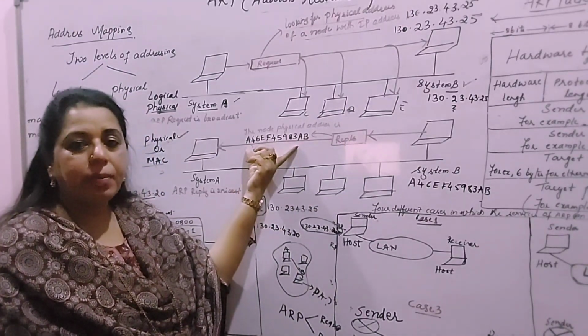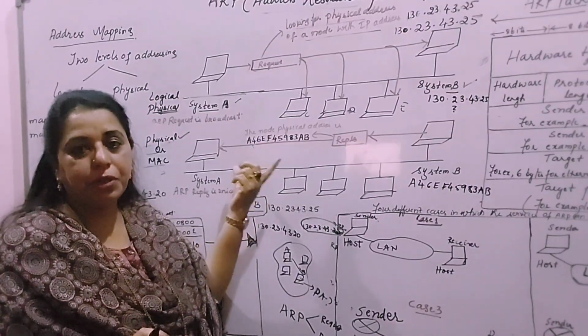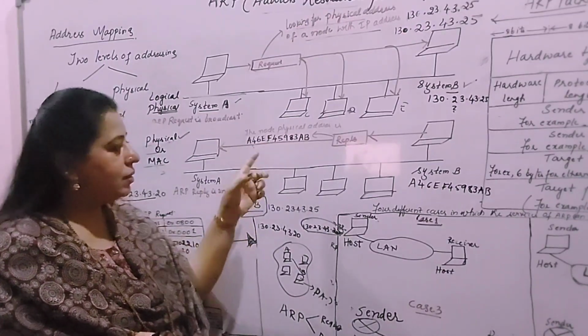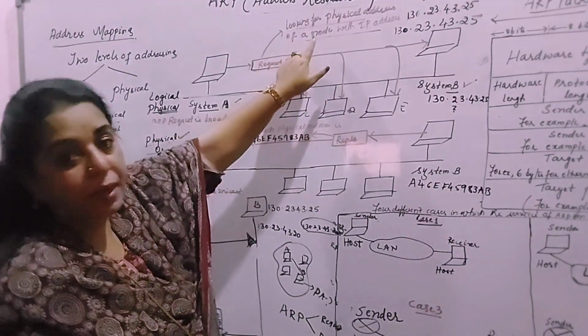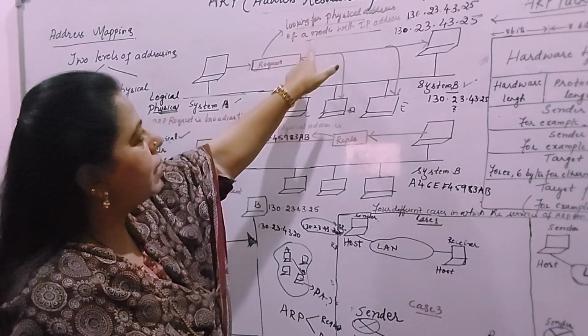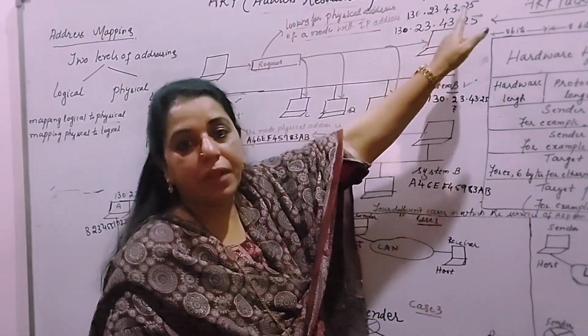Here we are using the MAC address as the physical address, which is 48 bits. We use hexadecimal notation to represent the MAC address or the physical address. So the reply has come. The request has gone. Look at what is mentioned in the request: I am looking for the physical address of a node with IP address 130.23.43.25.